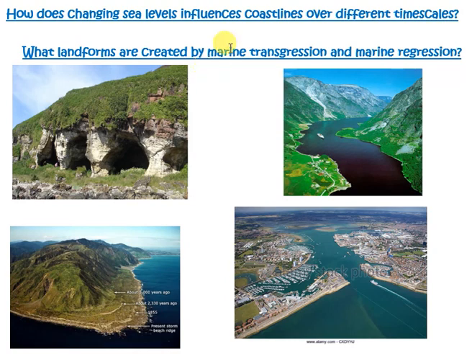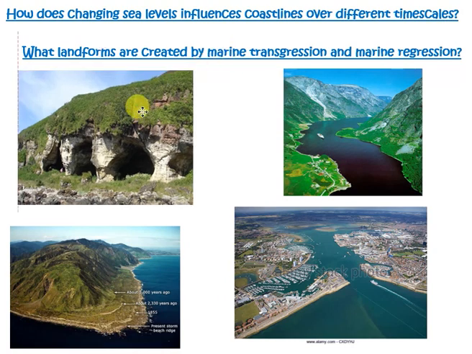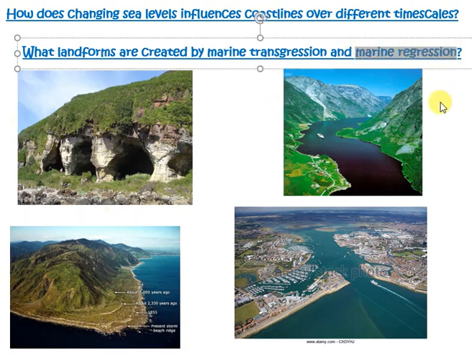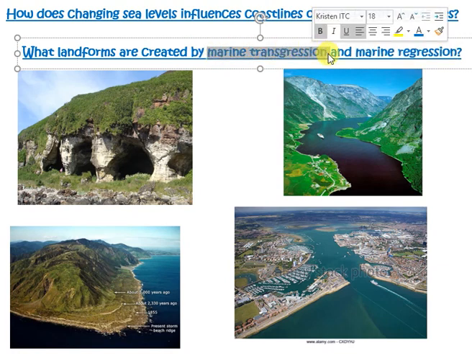First of all, for each picture, is it marine transgression or marine regression? So you've got to make a judgment. Is it caused by sea levels dropping, which is marine regression, or is it caused by marine transgression and flooded coastlines?